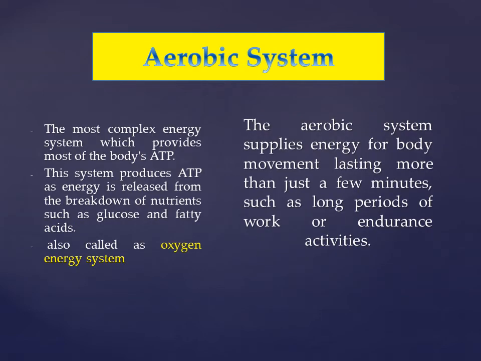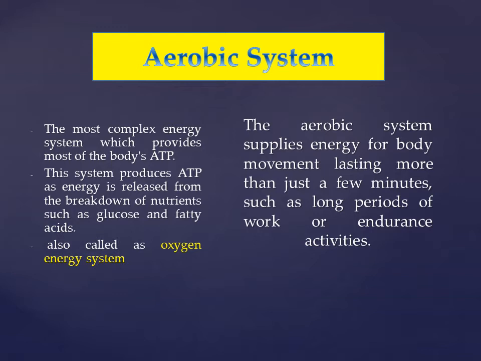What about the third body system, the so-called aerobic system? This system is considered the most complex energy system, which provides most of the body's ATP. This system is also called the oxygen energy system. This system produces ATP as energy is released from the breakdown of nutrients such as glucose and fatty acids.